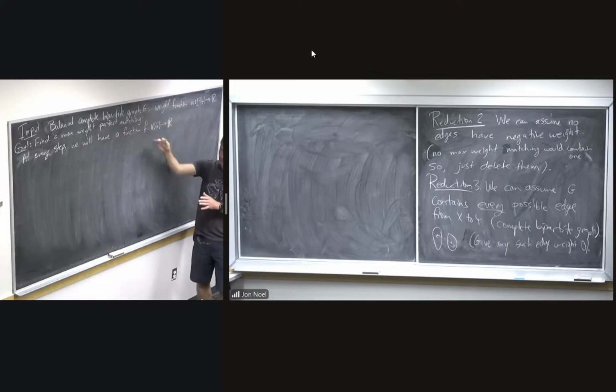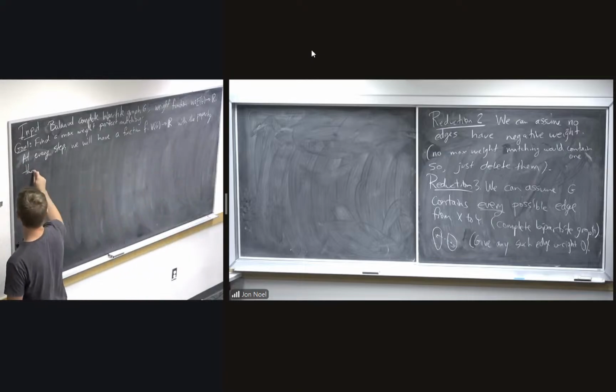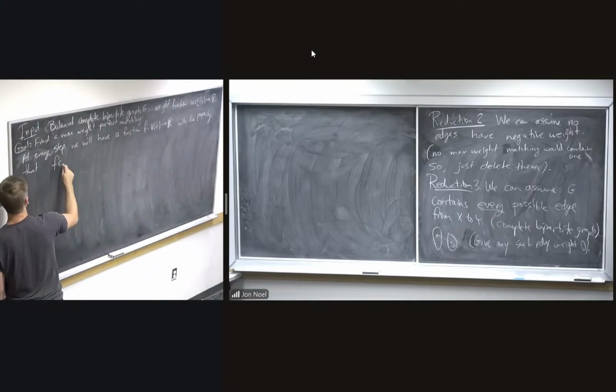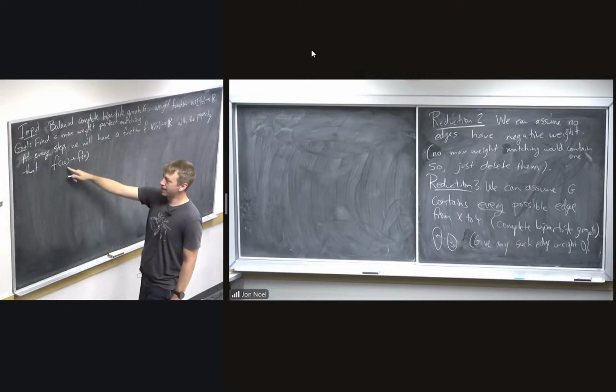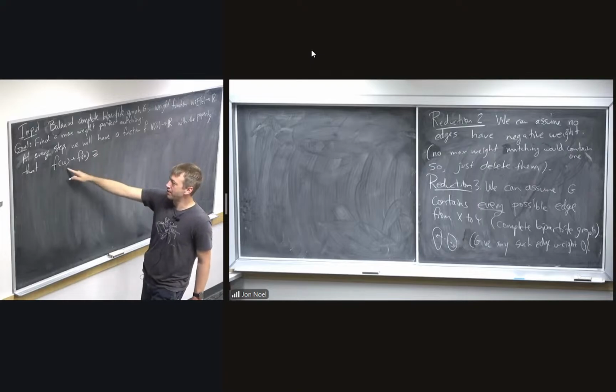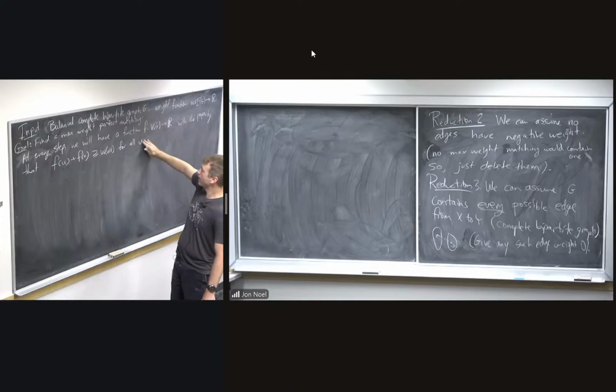We're going to initialize this function at the beginning, and this function is going to keep track of some stuff for us, with the property, basically the property from Egerváry's theorem, that the sum of the f values on the endpoints of an edge, so f of u plus f of v, is at least w, the weight of uv, for all edges.